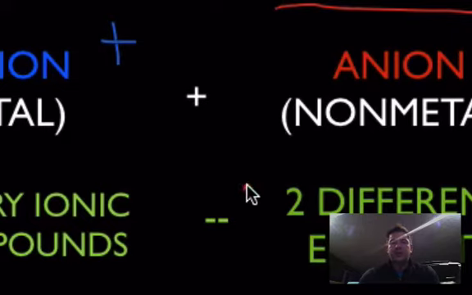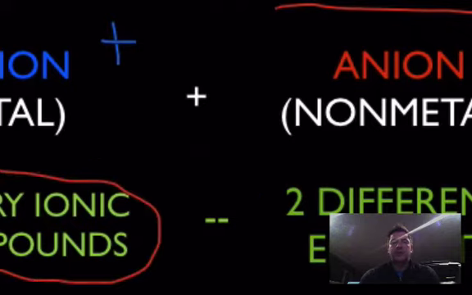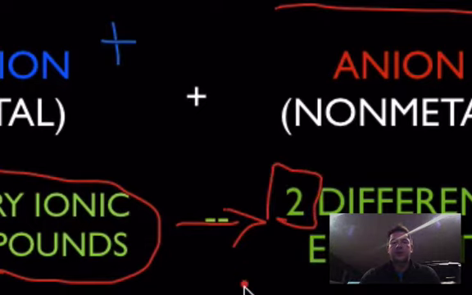Now, through these examples we're going to be combining binary ionic compounds. Binary means that we are combining two different elements, two being the key number here. Or also polyatomic ions we'll be adding as well.